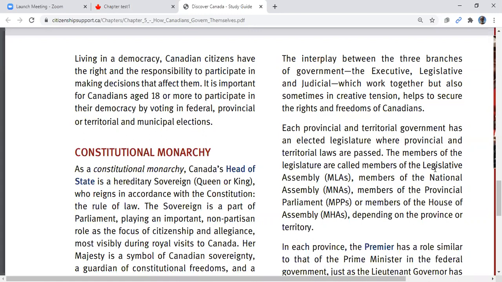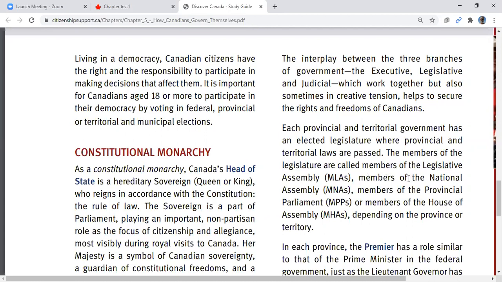So let's see. Members of Legislative Assembly, MLAs. The M is always the member, so that's easy. But the LA, Legislative Assembly, that's the LA.